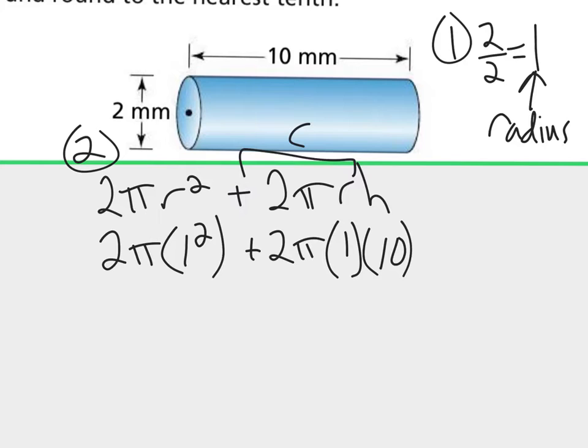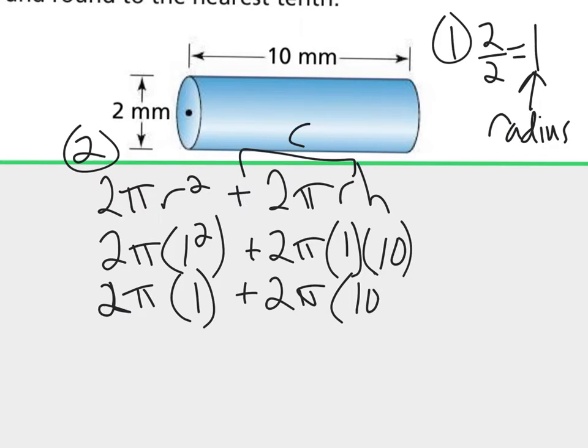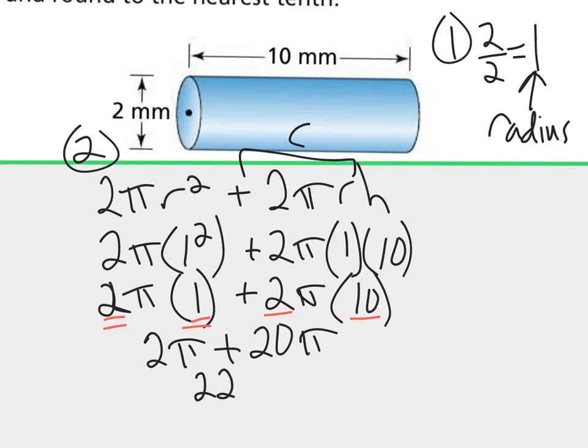So if we work this out, 1 squared, 1 times 1 is 1. 1 times 10 is 10. And then we can simplify a little bit more. 2 times 1 is 2, so that'd be 2 pi. And then over here we could do 2 times 10. That'd be 20 pi. We're saving our pi here. So 2 pi plus 20 pi is 22 pi.